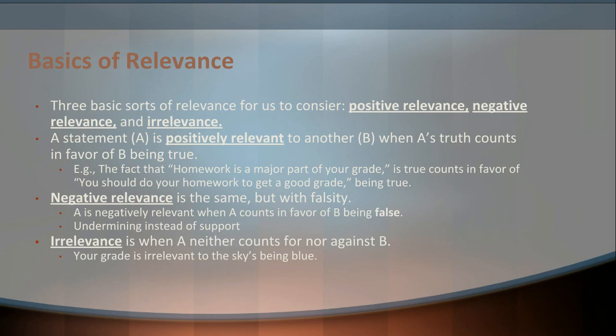A statement is positively relevant to another one whenever that first statement, let's call it A, counts in favor of the second statement being true. So we can say that A is positively relevant to B if A actually counts in favor of B being true.